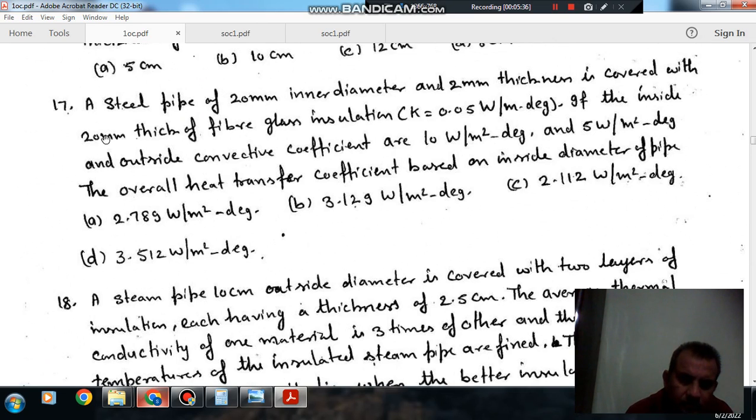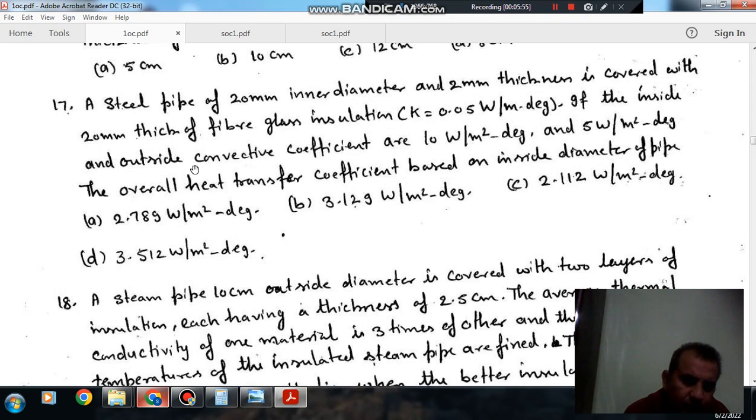Next, question number 17. A steel pipe of 20 mm inner diameter and 2 mm thickness is covered with a 20 mm thick fiberglass insulation. K is equal to 0.05 watt per meter per degree Kelvin.